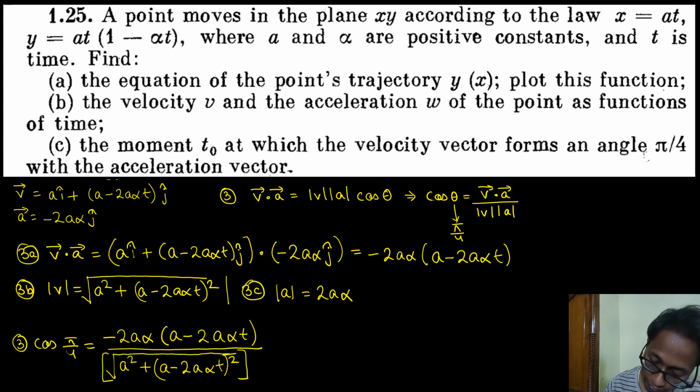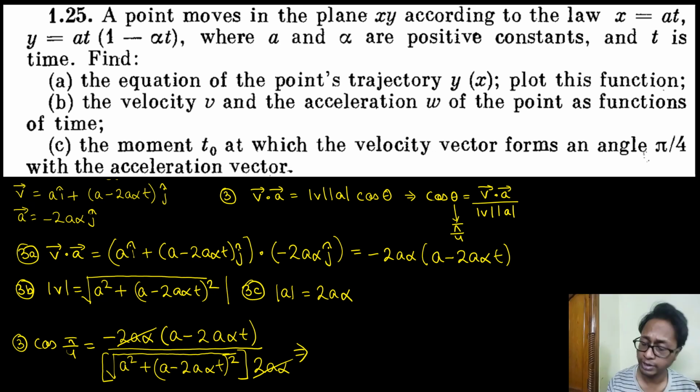Into what is the magnitude of a? Magnitude of a is nothing but 2a alpha. So out here this and this would get cancelled. So out here cos pi by 4 is nothing but cos 45, and cos 45 is nothing but 1 by root 2.